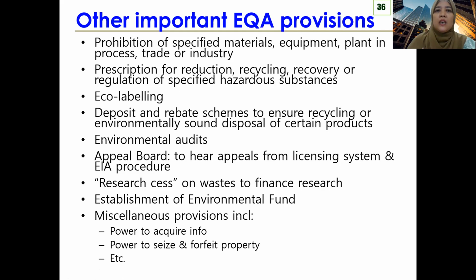Dia kata tak boleh apa nama tu, tak boleh menggunakan certain materials, certain equipment, certain plants, certain processes, certain trades, in certain process, trade or industry, because it may have an impact on the environment. Maybe dari segi kesan itu.